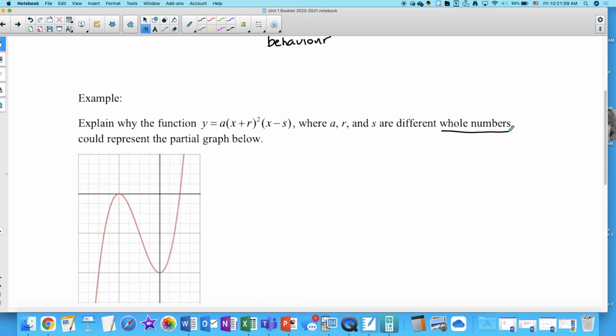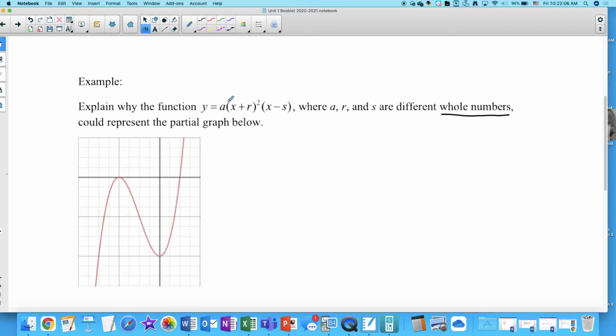Okay. So if we have a coefficient of a, what is that going to tell us about? The end behavior, yeah, right? And because it's whole, that has to be a positive number. So the leading coefficient, a, is positive.